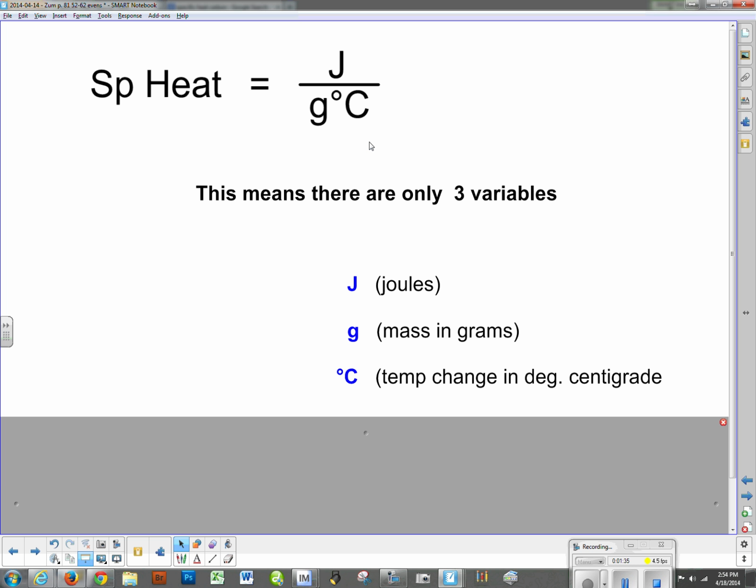Isn't that something? And then they just plugged in the numbers, and then they had it.